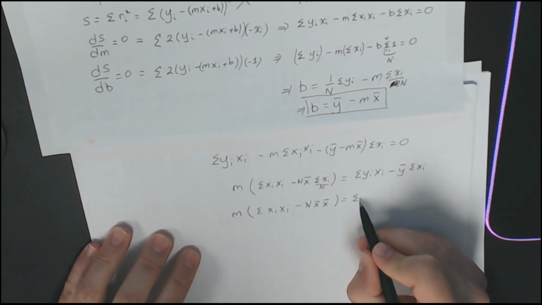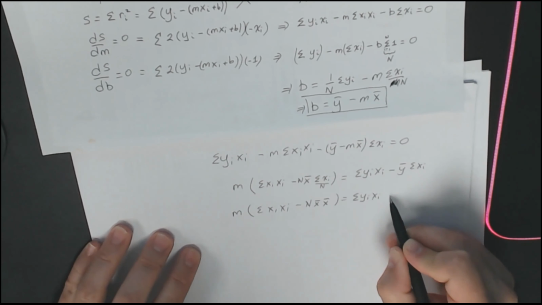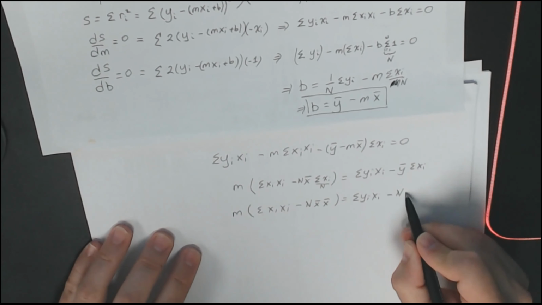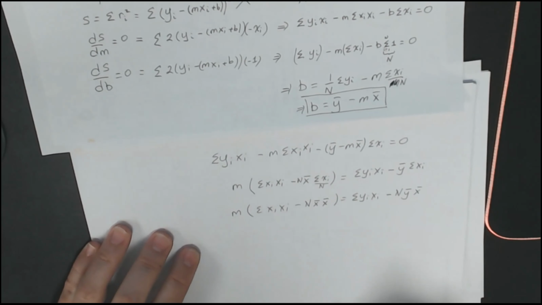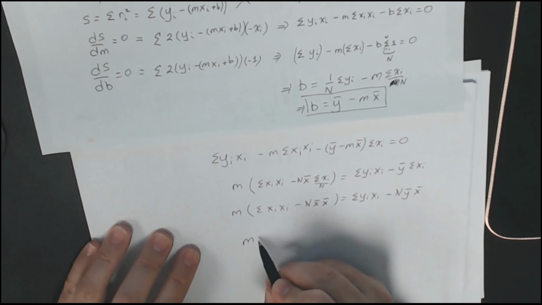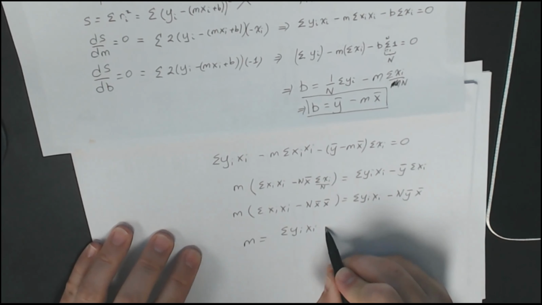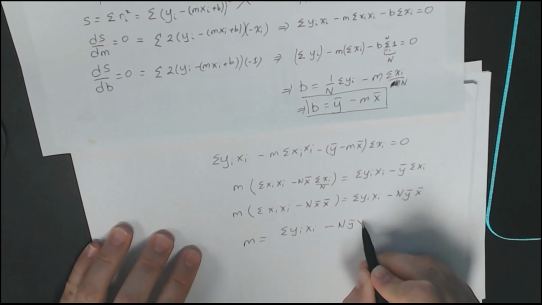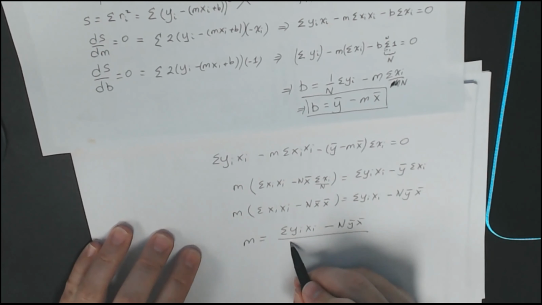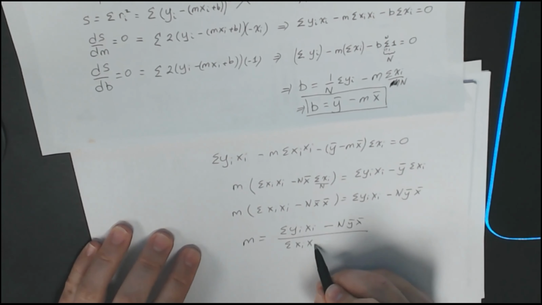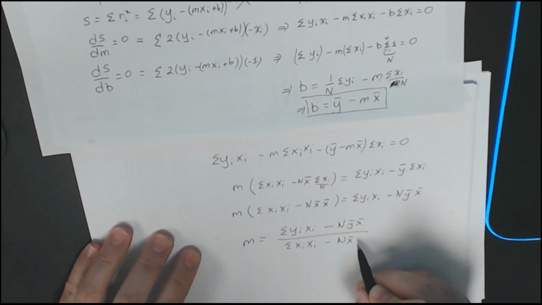And this guy becomes n times y bar x bar. And so the big takeaway is the sum of yi xi minus n times y bar x bar, all divided by the sum of xi squared minus n x bar squared.